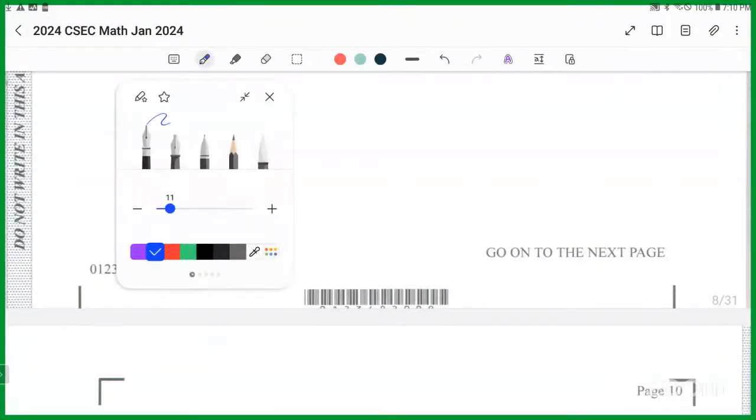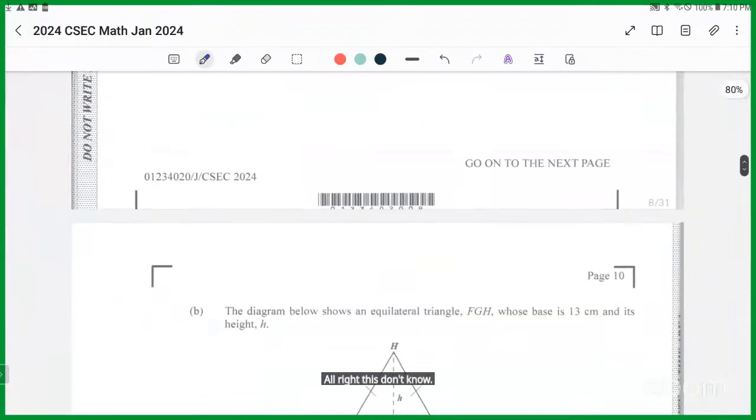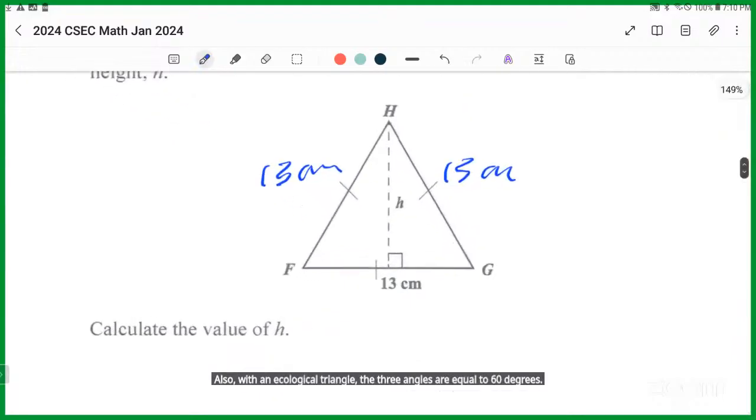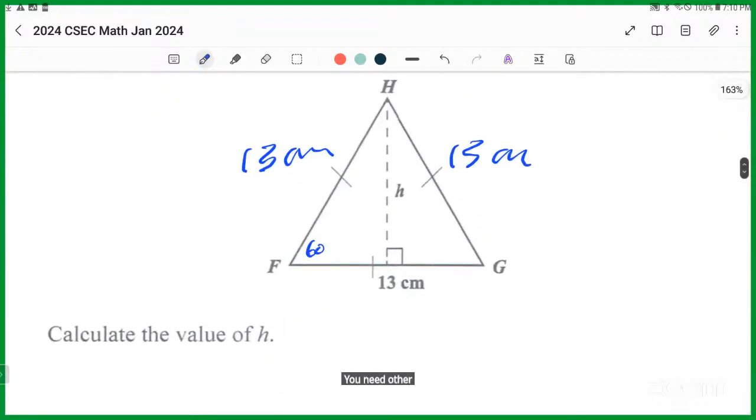All right, so this question now, where are we? Down here. The diagram below shows an equilateral triangle, so all three sides are equal. If this is 13, it means that up here is 13 as well, and up here is 13 as well. Also, with an equilateral triangle, the three angles are equal to 60 degrees.